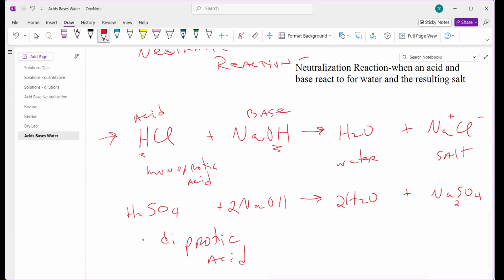One comes off, mono. Protic means proton. H plus has no electrons. It just has 1 proton. So frequently they'll say a proton donor is one of the definitions of an acid. Proton donor. H plus donor. H plus dissociates. Comes off.